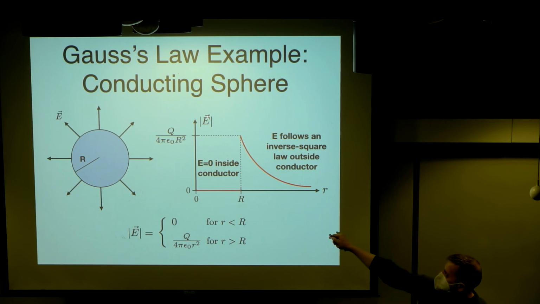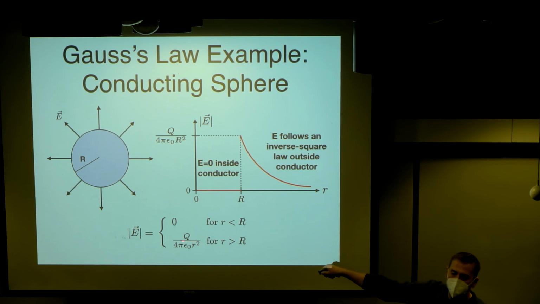So on this axis, I have the electric field itself. And on this axis, I have radius, distance from the center. So it's just 0 all the way until we reach the outer surface. So that's what's showing here. We're just E equals 0 on the inside. And then on the outside, what's the general form?